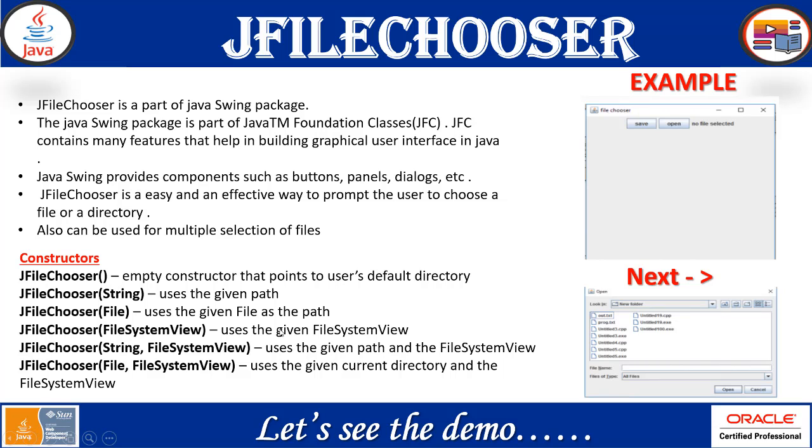File uses the given file as a path, and the argument of FileSystemView will give you a file system view that you can choose for where you want to trace or track the file which you need to upload. String uses the given path and the file system view, you can give that option also.